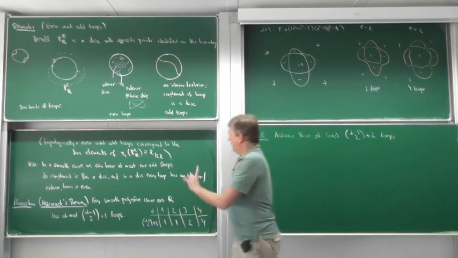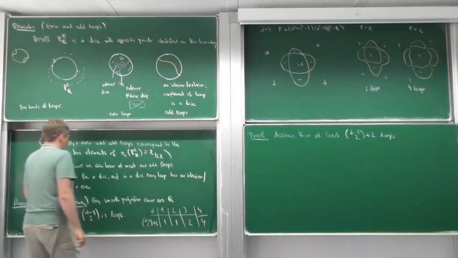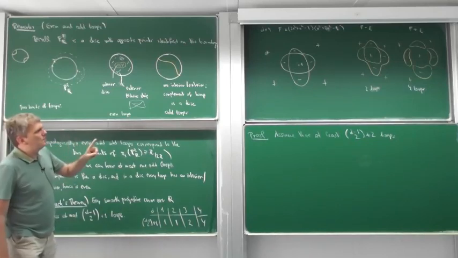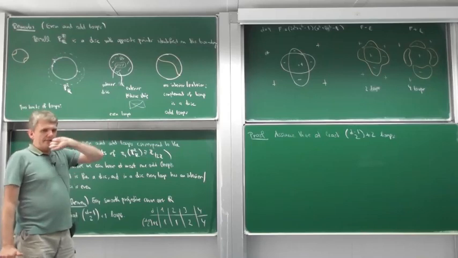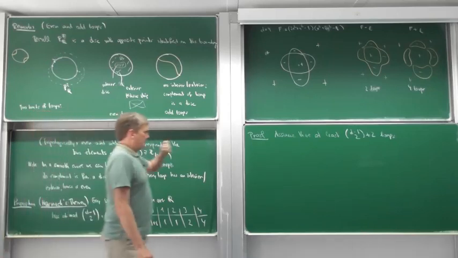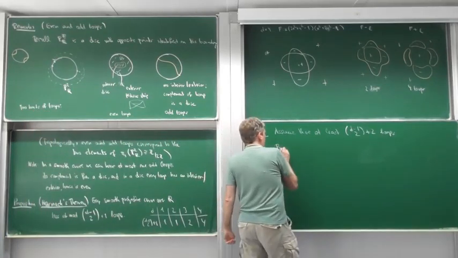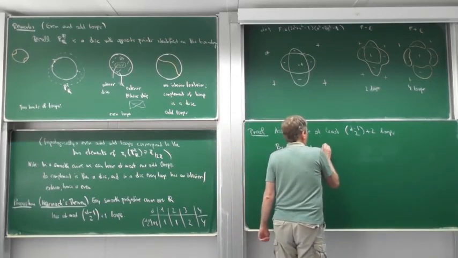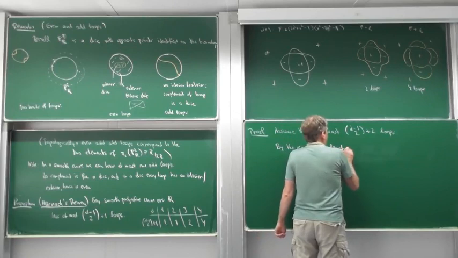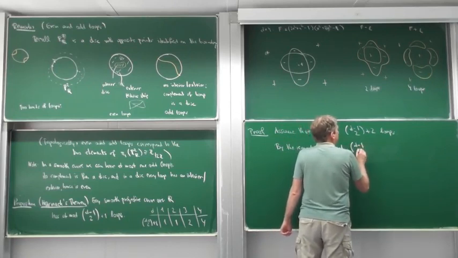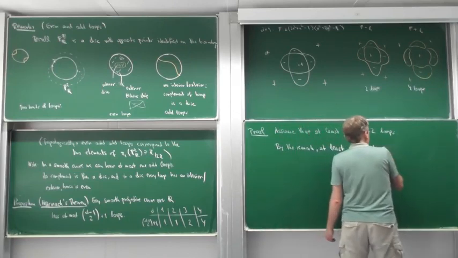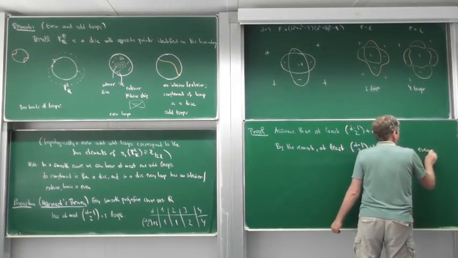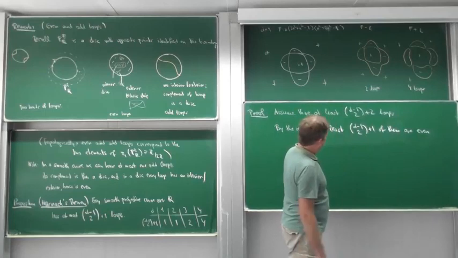And by our remark up there, this means that we can have at most one odd loop, and that means by the remark, at least D minus 1 choose 2 plus 1 of them are even. And so that means the picture will look like that.